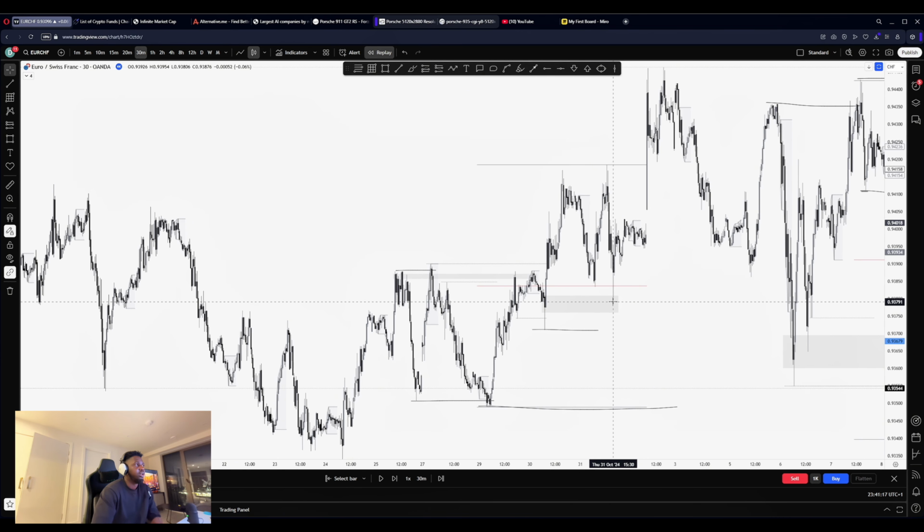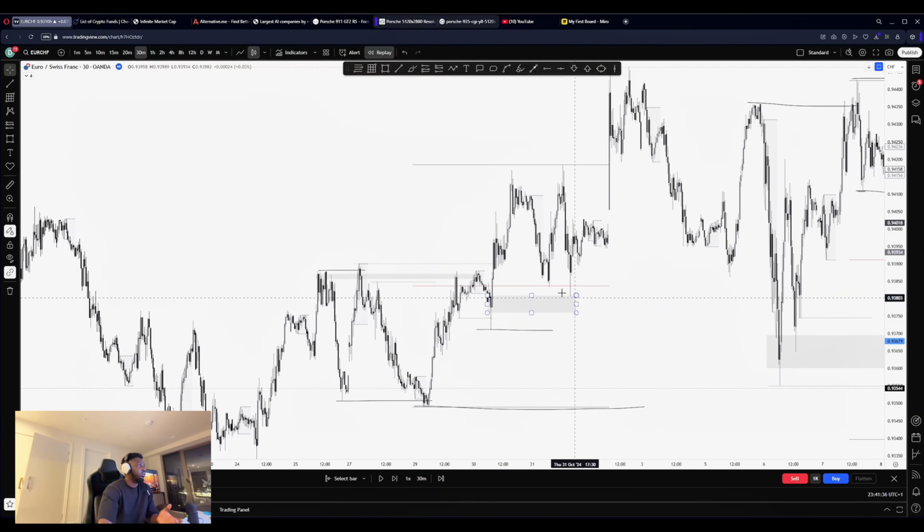So this is a value trade to take. It has inducement, every criteria that I need. I have my flip zone, I have my protected low here, which was validated with the flip zone and the sweep. I have inducement, and price came back right into the session that I trade.